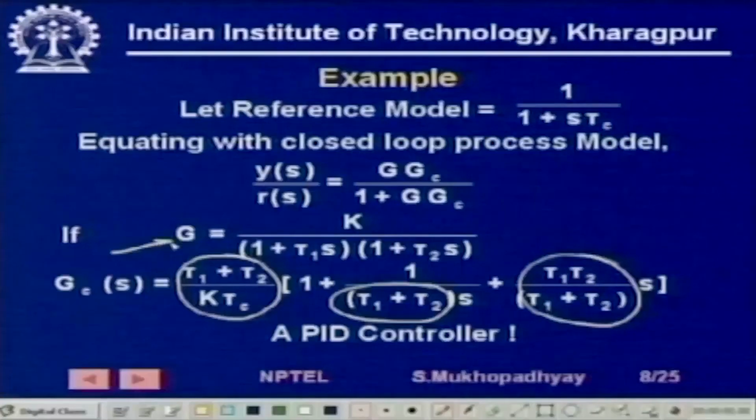We just wanted this plant to behave like this model. Now, it turns out that for having that, the controller that you need is actually a PID controller. So it's very good. You see, PID controllers can give you good response.